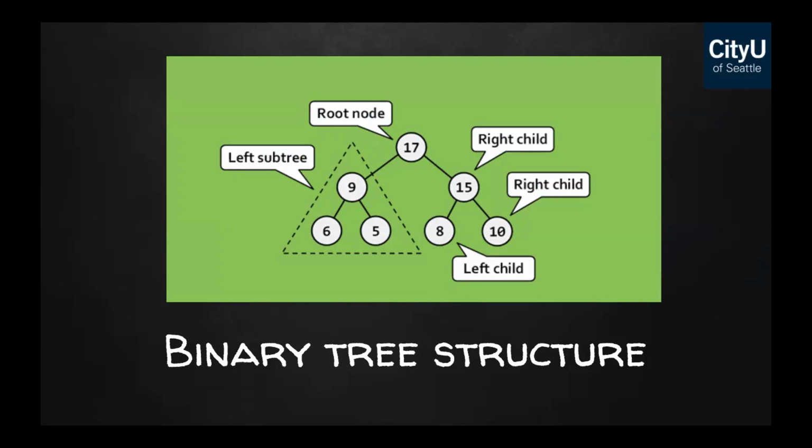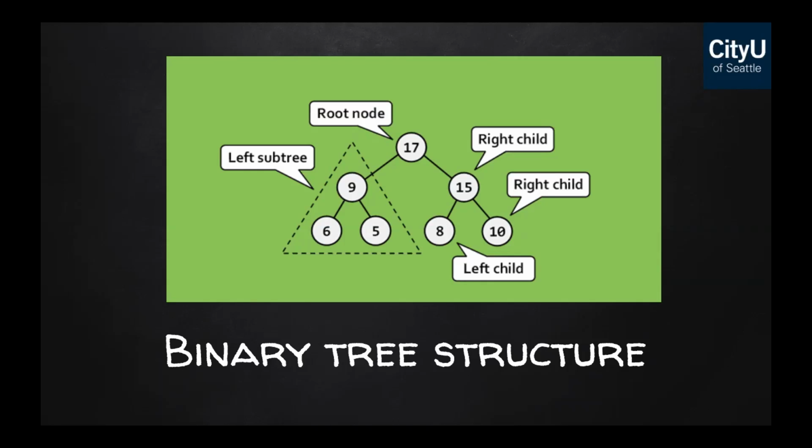So a binary tree structure. So how does it look like? Again, we talked about trees having root nodes. This is the starting point. And again, in trees, you would have parents. In this case, the 17 is a parent to 9 and 15 as children. And 9 is a parent to 6 and 5.